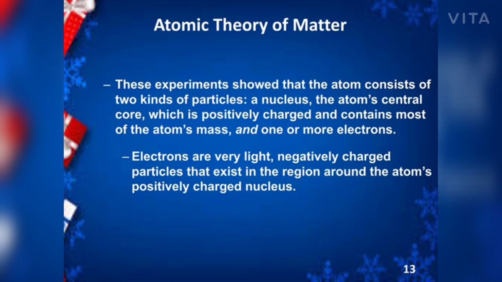Electrons are very light, negatively charged particles that exist in the region around the atom's positively charged nucleus. The nucleus contains the positively charged particle, that is the proton. Electrons revolve around the atom's center core.